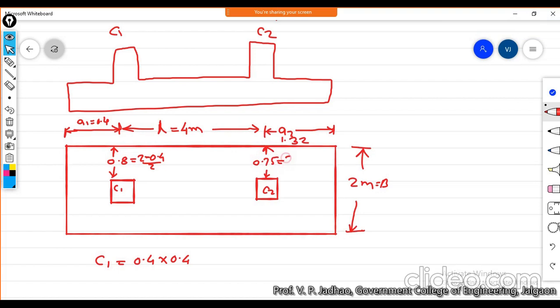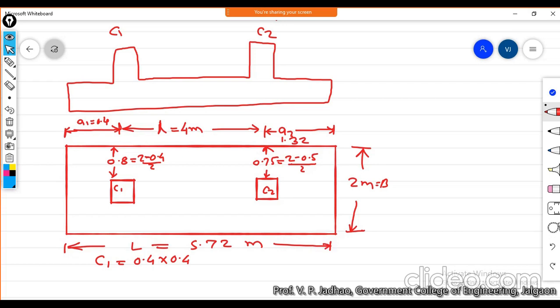So this is how our footing will look. The total length, capital L, is 5.72 meter. So these are our footing dimensions.